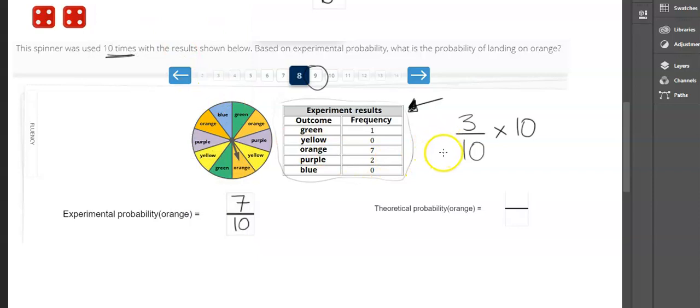Okay, so theoretical probability, in this case, we're expecting it 3 times, but the theoretical probability is actually just asking for a probability. So I actually didn't need to work this out. I kind of jumped the gun here. In this case, it's 3 out of 10. But if they said theoretically, how many are you expecting? That's when you would answer the number 3.